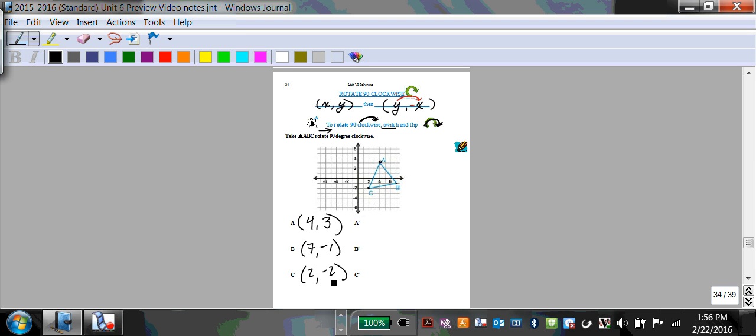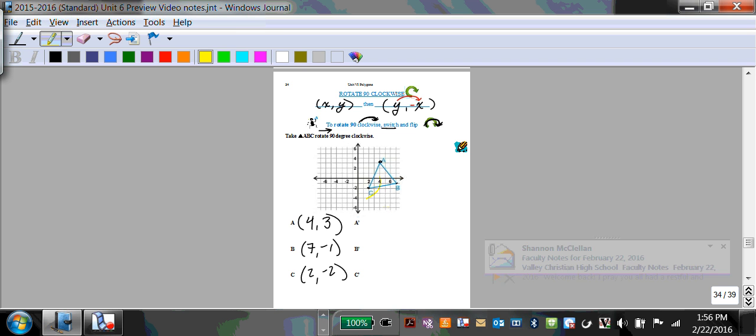Okay, to rotate 90 clockwise. Remember, you draw a little line predicting which way we're going. Clockwise means to the right, so we're going to be rotating 90 degrees. Just draw a little arrow. We're heading that direction.